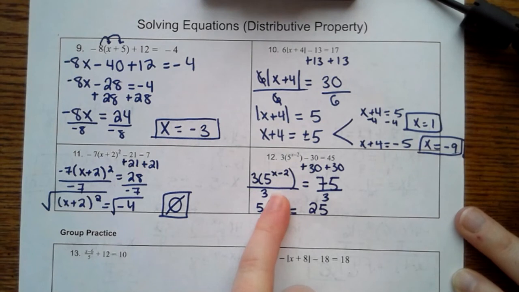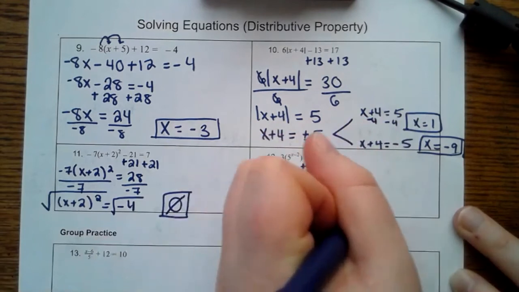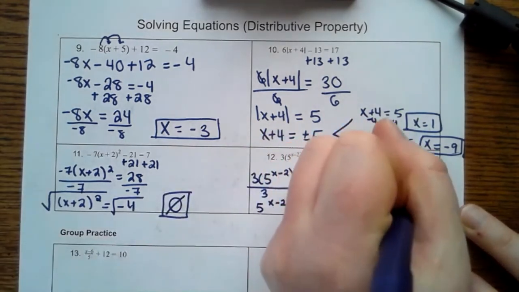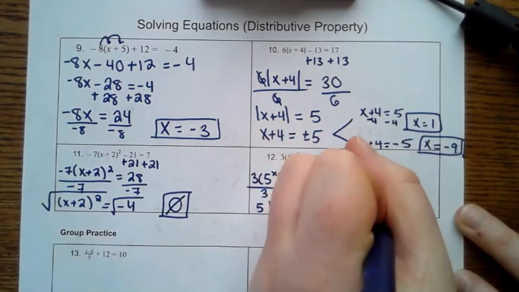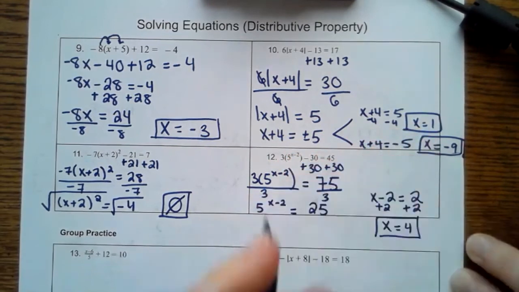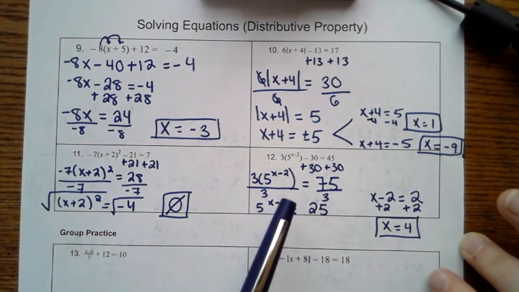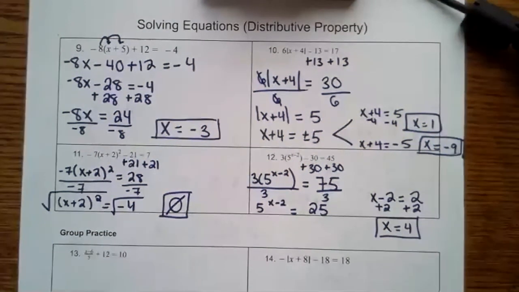Everyone in their head knows, oh, well, I want it to be 5 squared because 5 squared is 25. So then I set x minus 2 equal to 2, and I add 2 to both sides, and I get x equals 4. Because if I plug in a 4, 4 minus 2 is 2, 5 squared is 25.